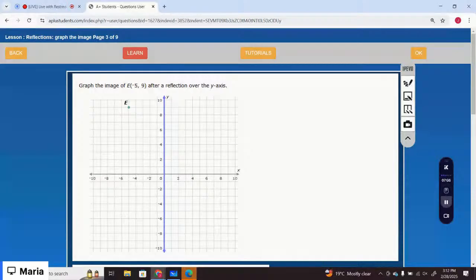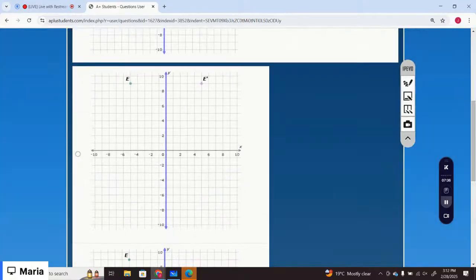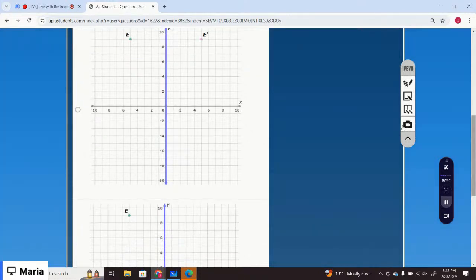Graph the image of E (-5, 9) after the reflection over the y-axis. E (-5, 9) would be reflected over the y-axis, right? So option number 1 is the correct option, right?